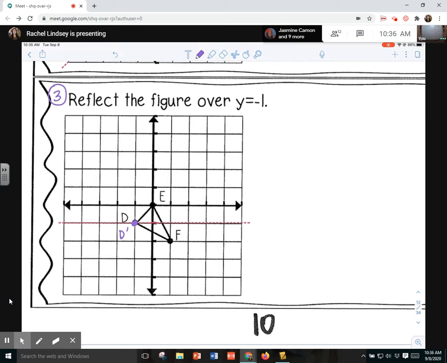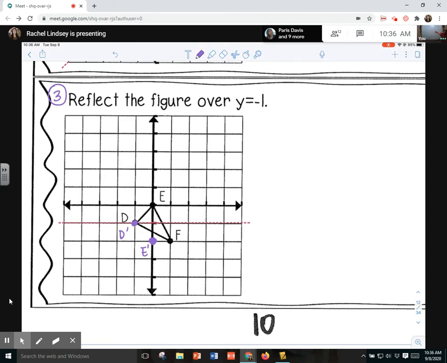Then E is 1 above. So when I reflect it over, it's going to be 1 below. So if it's 1 above, go 1 below for E prime. So it's at 0, -2. And then F is 1 below. To flip it or reflect it over that line, we'll go 1 above.